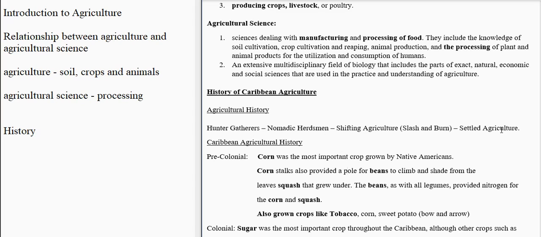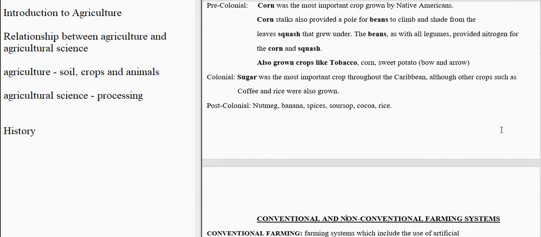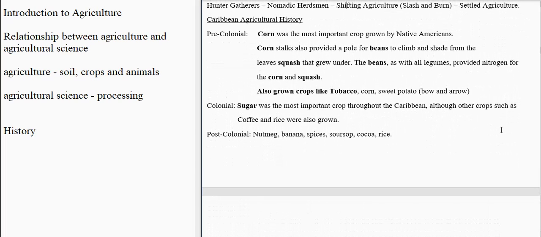And as we move further along in history, we can look at pre-colonial agriculture. When we look at the history of agriculture in the Caribbean, pre-colonial agriculture, we're talking about the Amerindians, who were dominant here and focused mainly on producing corn.